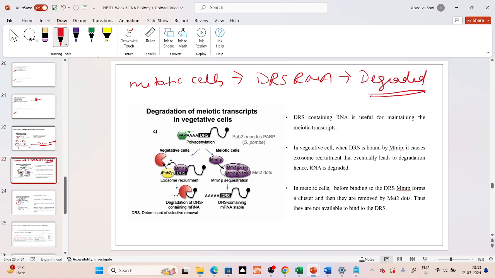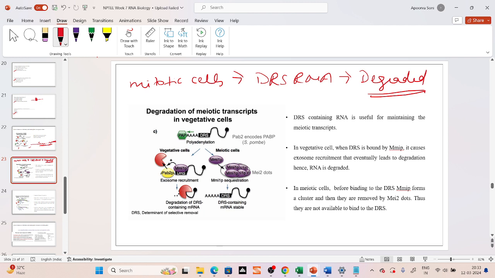Okay, in mitotic cells, DSR containing RNA has to be degraded. So how is it degraded? See, in vegetative cells, when DSR is bound by Mmi1p, it causes exosome recruitment that eventually leads to degradation, and hence the RNA is degraded.